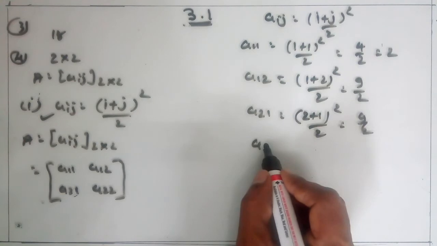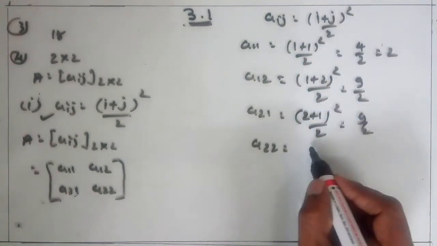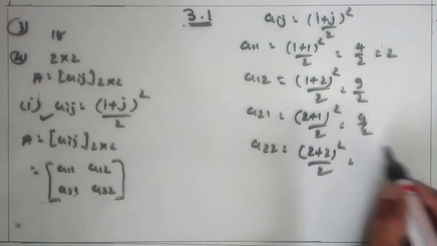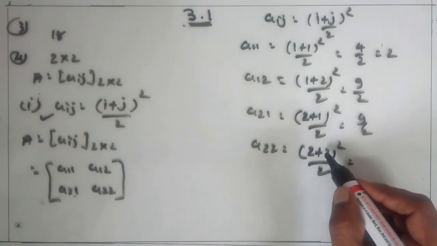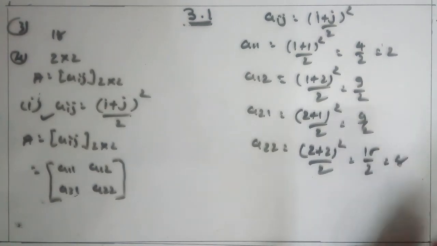Similarly A22, replacing i by 2 and j by 2: (2 plus 2) raised to 2 upon 2, we get 2 plus 2 is 4, 4 square is 16 upon 2 becomes 8.